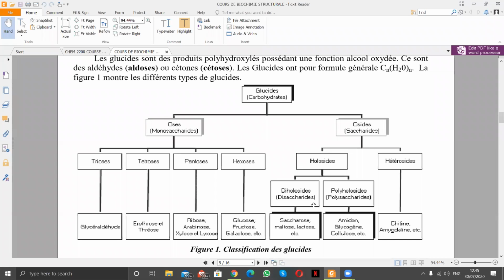Sucrose is simply table sugar. You know what table sugar is, isn't it? Maybe Gulamisas was table sugar, guys. No, it is.